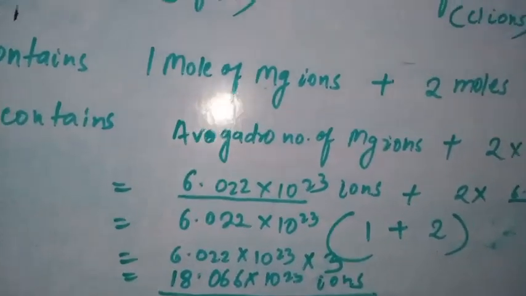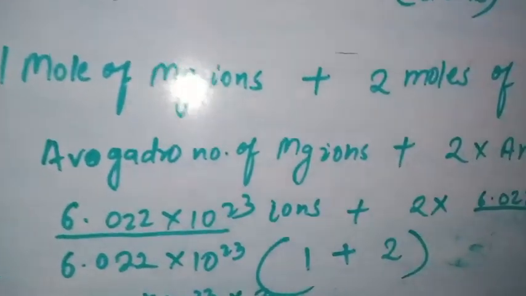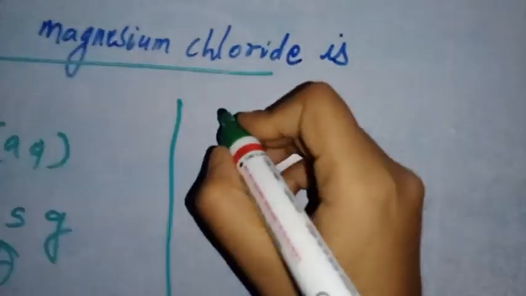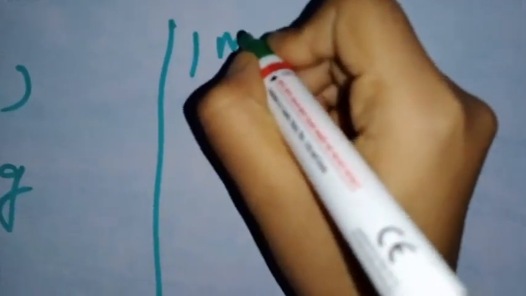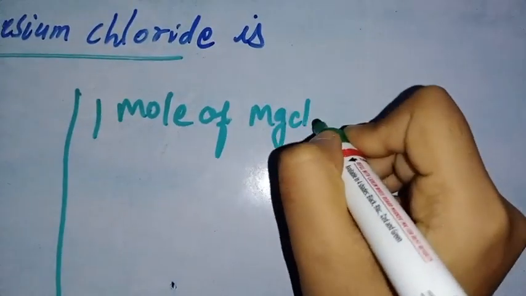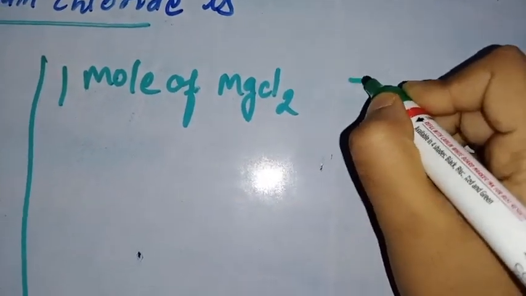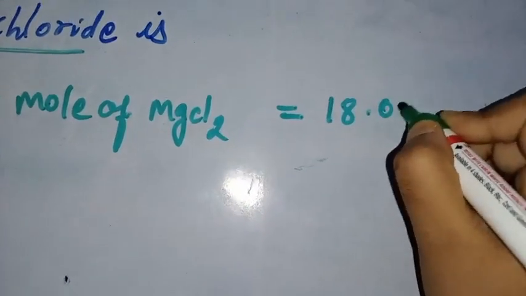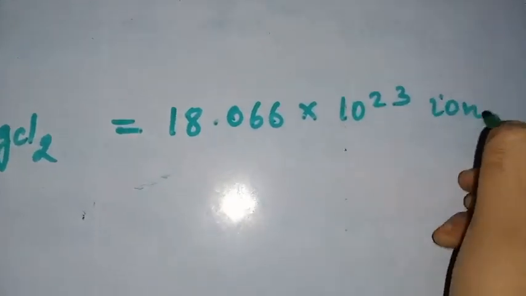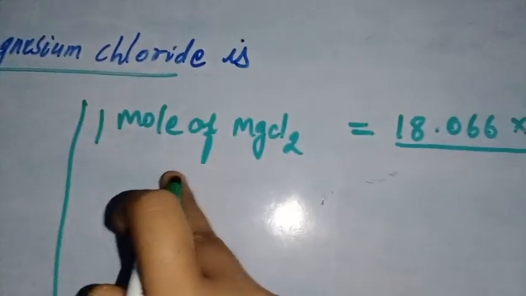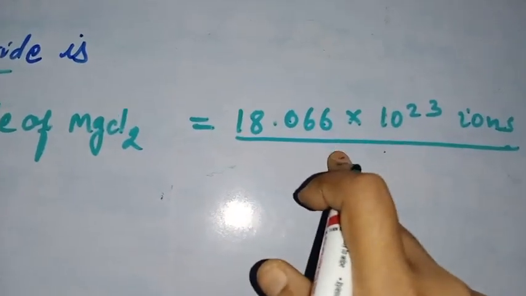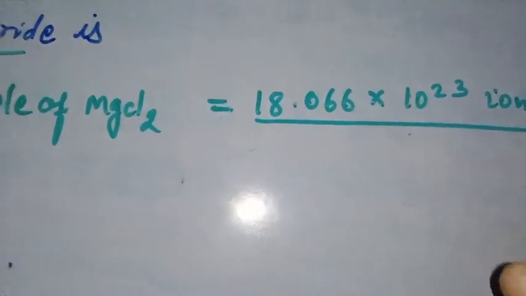Okay, so we can write this sentence as: 1 mole of MgCl2 is equal to 18.066 into 10 to power 23 ions we have got. 1 mole of magnesium chloride contains a total number of ions, how much? 18.066 into 10 to power 23 ions.